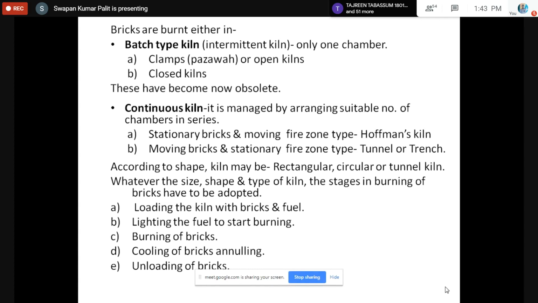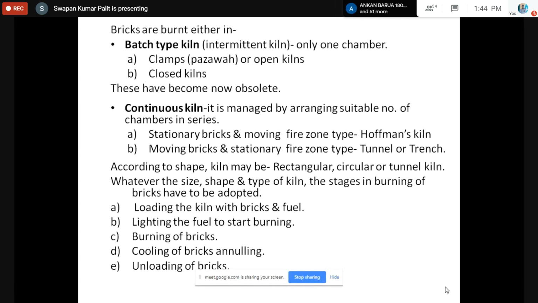First of all, you have to load the kiln with bricks and fuel. After putting in the fuel, it should be lit to start burning. Then the brick will burn.